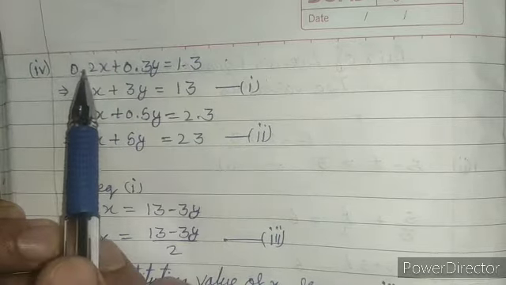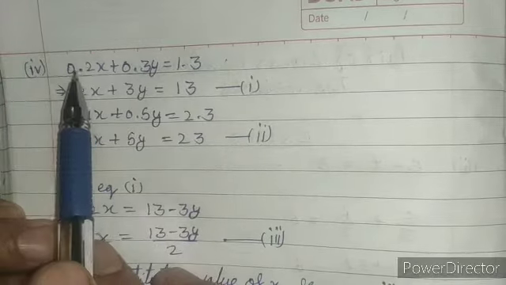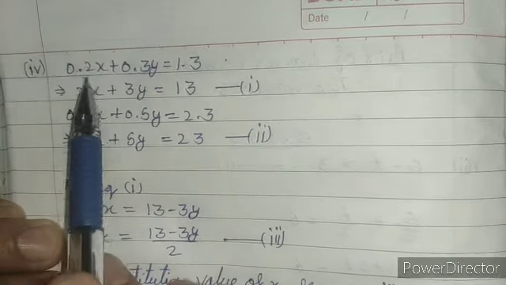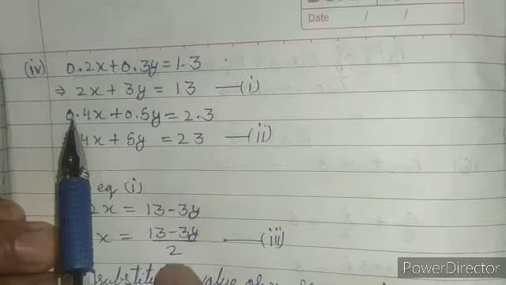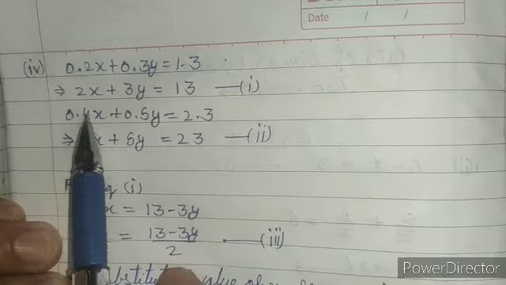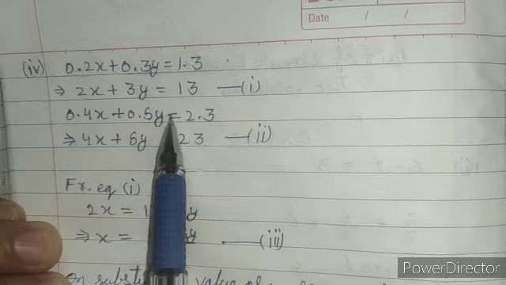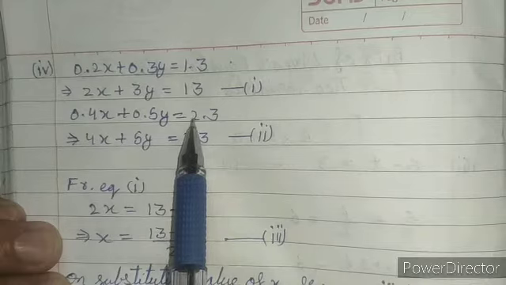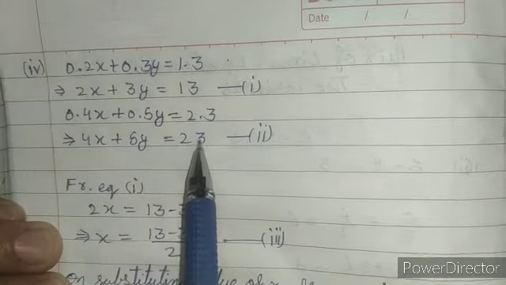Thus we can eliminate this decimal by multiplying the equation by 10. On multiplying equation first by 10, it will become 2x plus 3y equal to 13. Similarly, equation second is 0.4x plus 0.5y equal to 2.3, and this can also be multiplied by 10 to eliminate the decimal, and that will give us 4x plus 5y equal to 23.